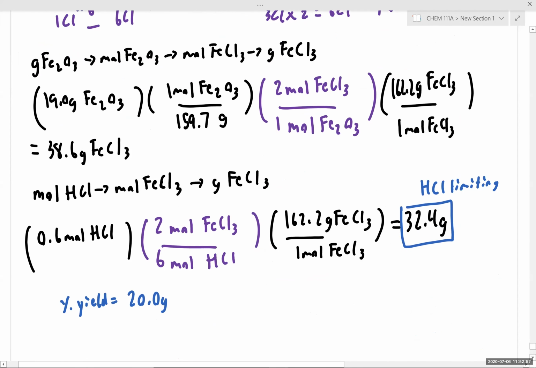Over our theoretical yield, which is 32.4 grams, times 100%. So 20 over 32.4 times 100% gives us a percent yield of 62%. There we go.